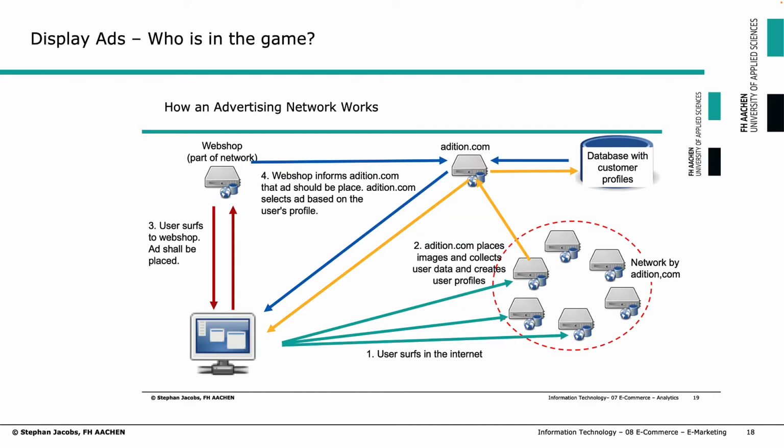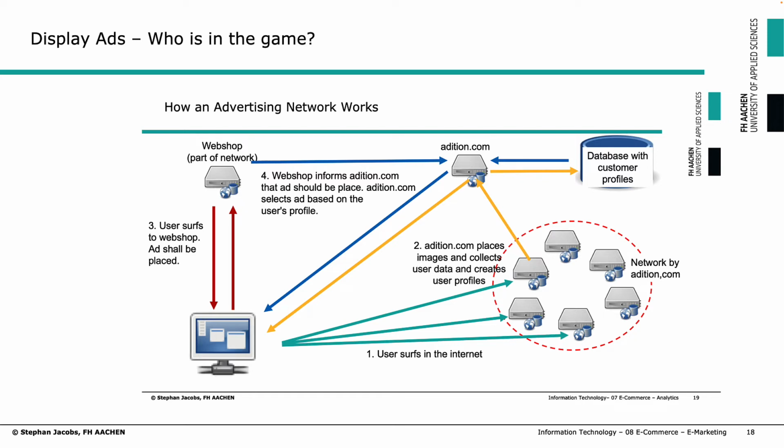Again, have a look on the picture of last week. So you see yourself surfing around in the network by Edition.com. And based on this information, Edition.com creates a user profile. Now you're going to surf on a web shop or maybe on a page like GMX or Yahoo.